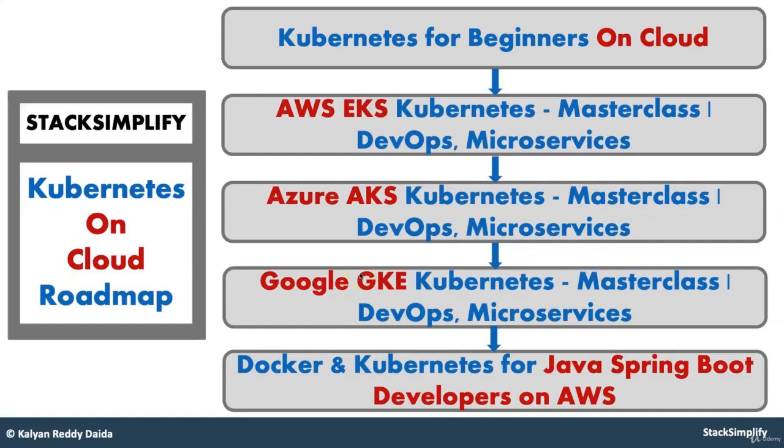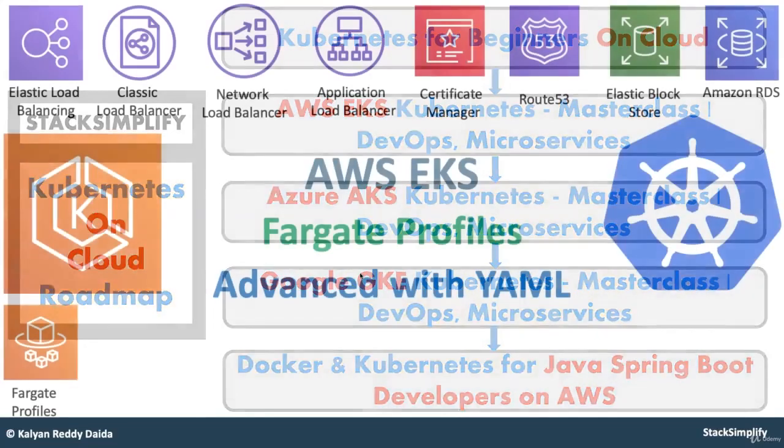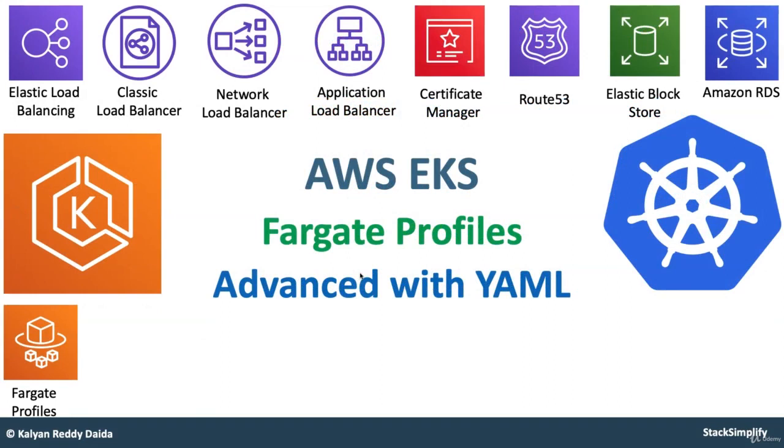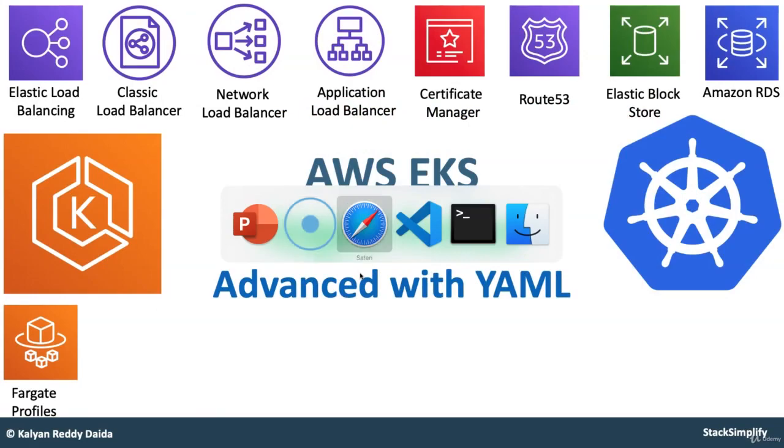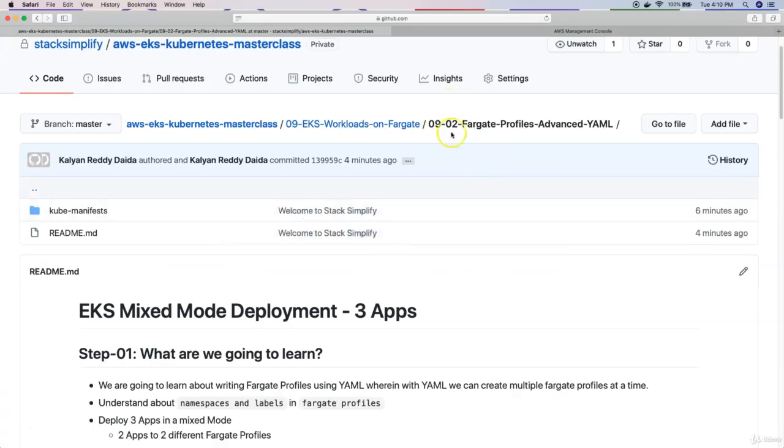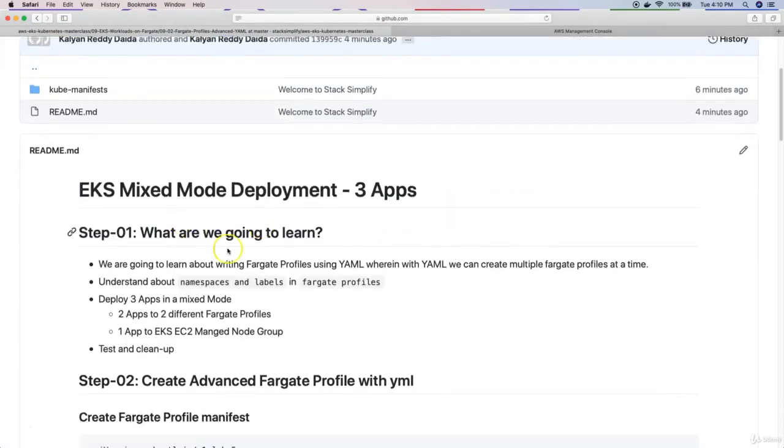Welcome back. In this lecture, we are going to understand about Fargate profiles creation with YAML. So let's see what we are going to learn all in all. We are going into 0902 Fargate profiles advanced YAML. As part of this, we are going to deploy 3 apps in a mixed mode deployment.